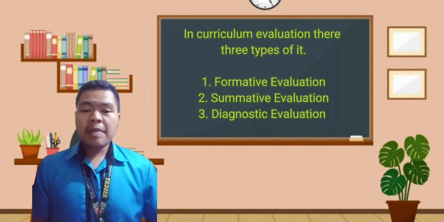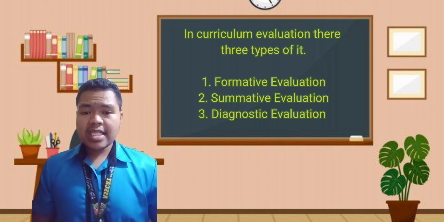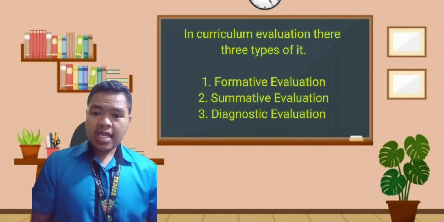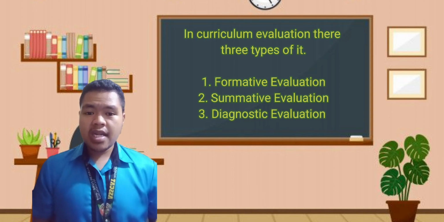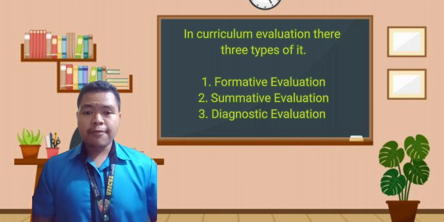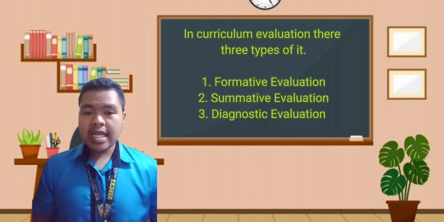First, formative evaluation. Formative evaluation assesses the curriculum as it goes, instead of waiting until the end of the school year to look back on how well the curriculum worked. Using a formative evaluation allows you to get feedback on a consistent basis.